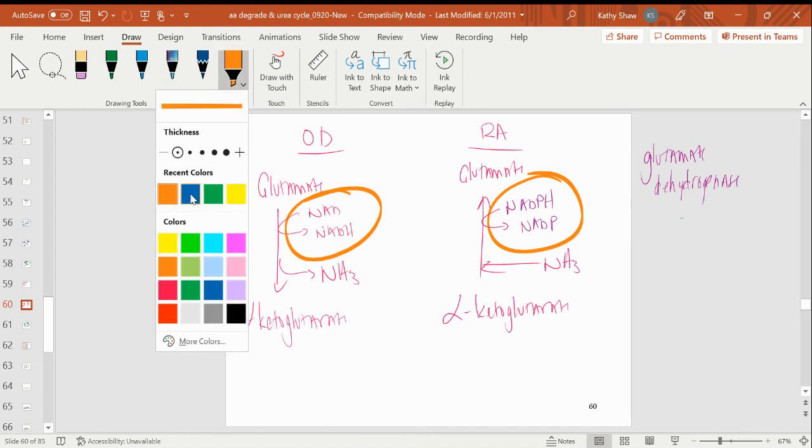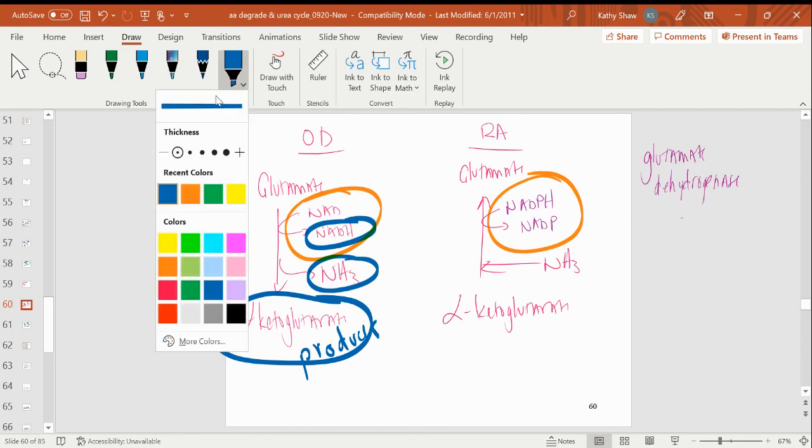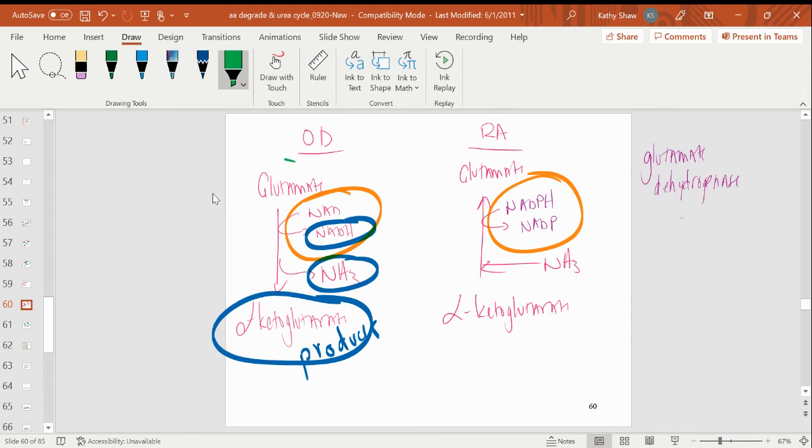So first, let's do the products of oxidative deamination. The products of oxidative deamination: NADH, free ammonia, and alpha ketoglutarate. What are my reactants of oxidative deamination? My reactants are glutamate and NAD.